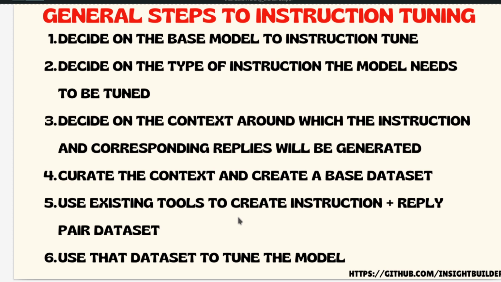In the same way, the model that you're going to develop will take a particular instruction with a context, and the output will be a particular completed service, or a completed task. You need to decide these three things: the instruction, the completed output or the task, and the context that will be used. Once these three things are decided, then you need to create the base dataset.